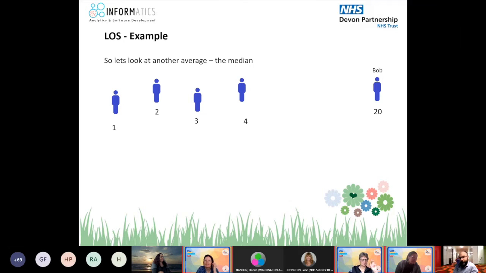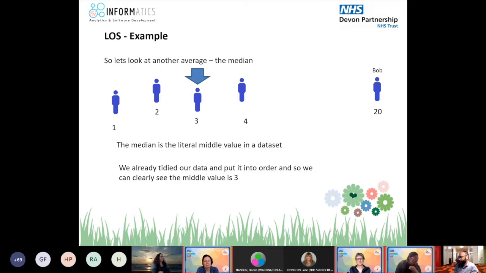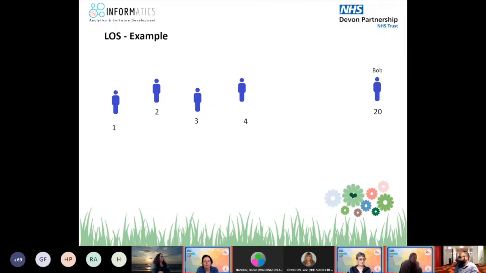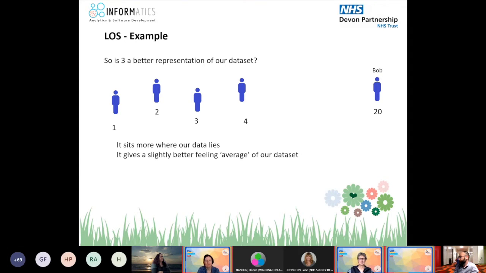So let's have a look at a different one. We could look at the median. So the median, as we all should know, is the literal middle value. We've already tidied up our data and put them in order, and we can see there that our middle value is 3. So again, is 3 a better representation of our data? It sits better where our data lies, so it's kind of better on that score.